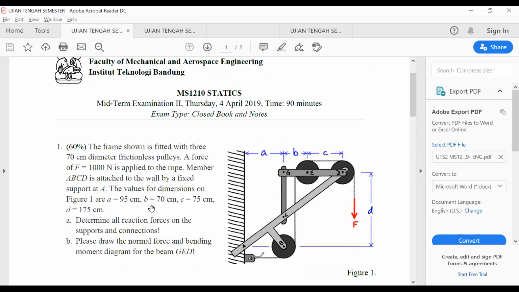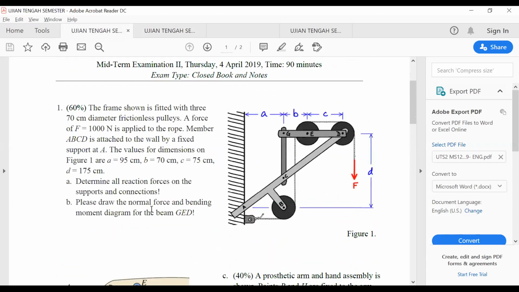For number one, the question asks for the normal force and bending moment diagram of member GED. So basically, what you're supposed to do here is to find all the external forces happening there.